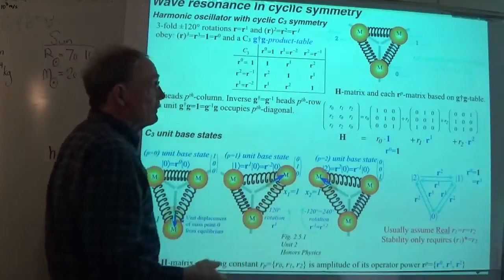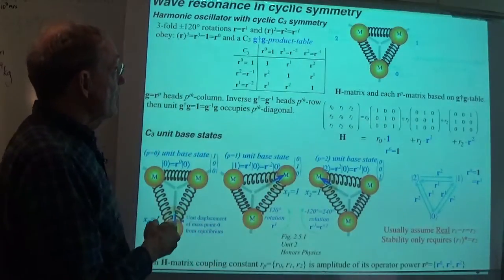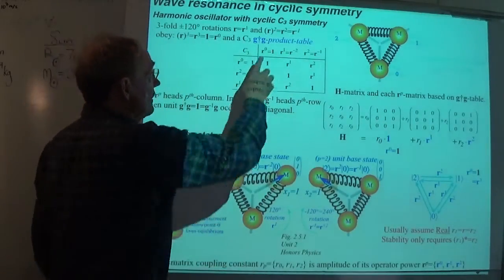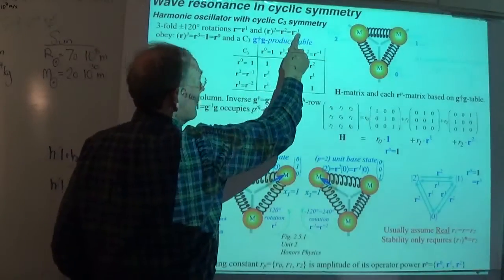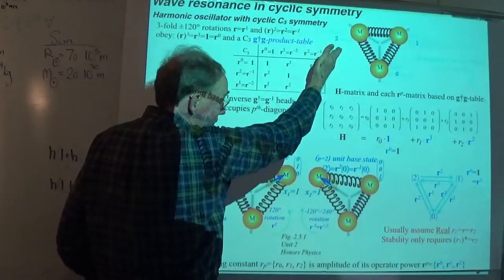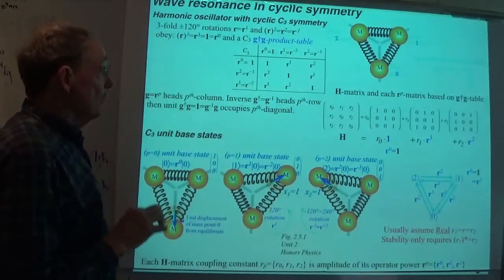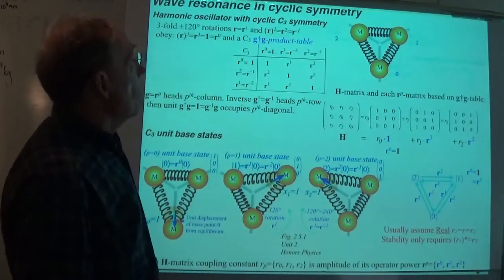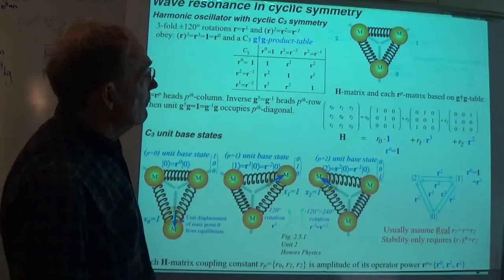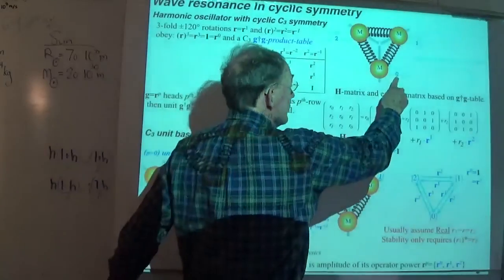Again, that's some modular arithmetic where the modulus is 3. So when I say R squared, I mean R to the minus 1 or R to the minus 4 or anything that involves an extra 3. 3 is the highest number here that brings us back home again.